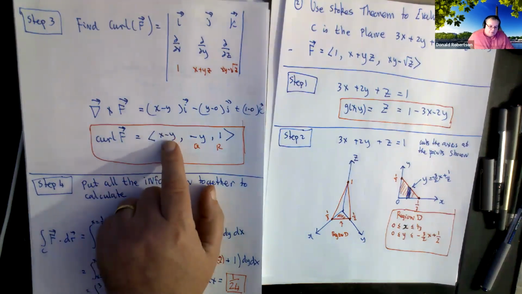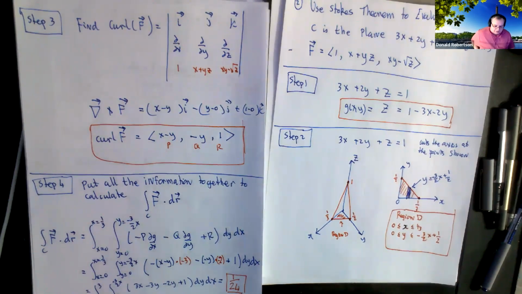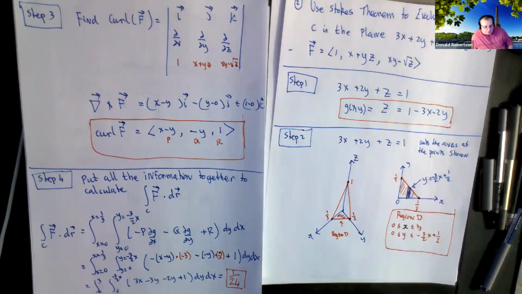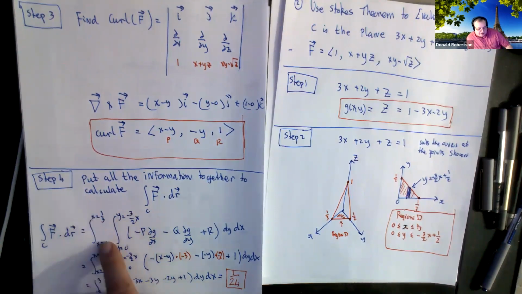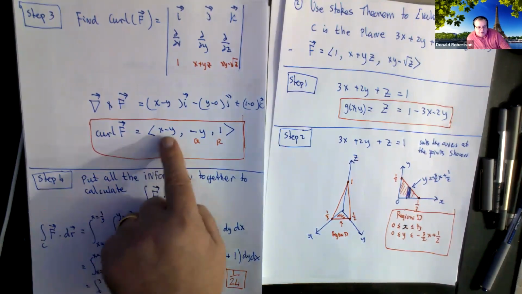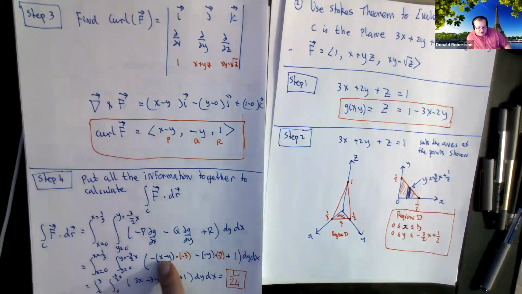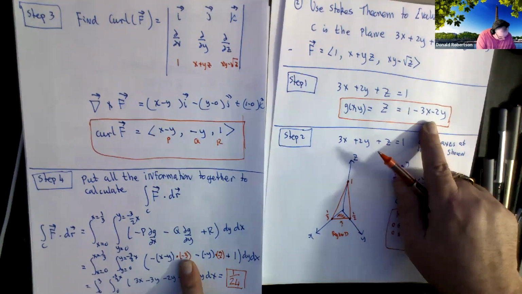Now, once you do get the curl, remember that this guy represents P in our formula. This piece is Q, and this piece here is R. So when we put all that information together, this here represents D, the limits of integration that generate D. There's the generic formula that they all use. And then if you put in P, which is this fella, it's a negative of this fella times dg by dx.